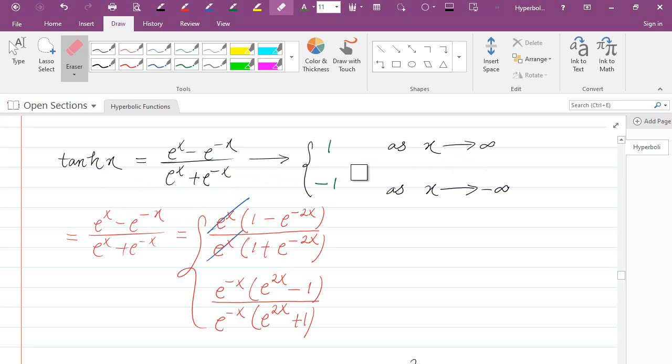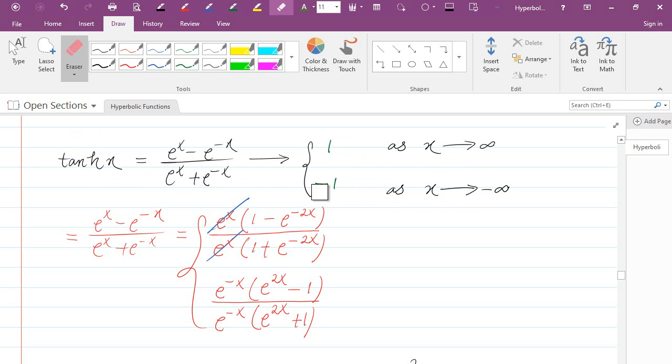Now as x goes to infinity, notice e to the negative x goes to 0. So what I'm claiming is that the hyperbolic tangent function has limit 1 as x goes to infinity, and it has limit negative 1 as x goes to negative infinity. So these are actual limits of this function.